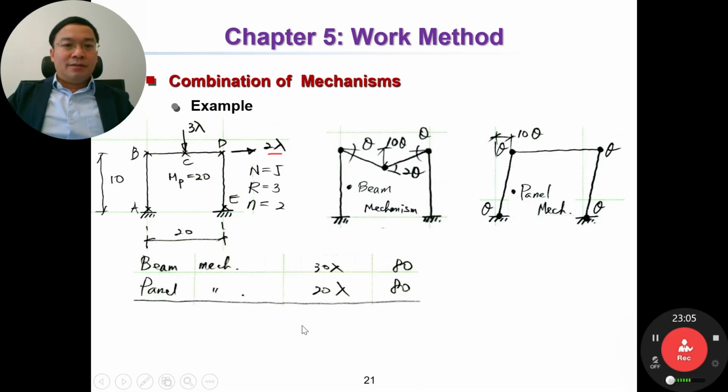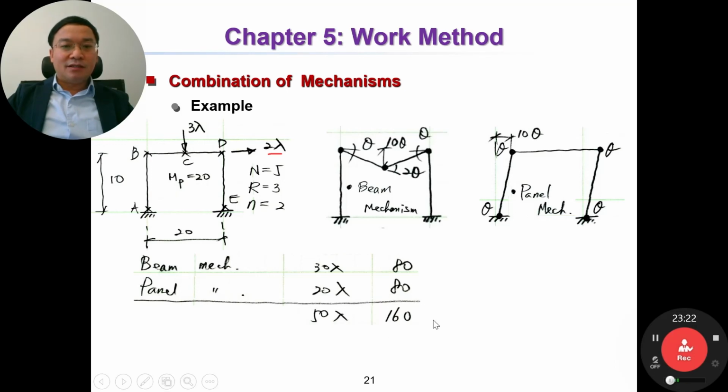Then for the combined mechanism, we have 15 lambda plus 50 lambda, and 160.